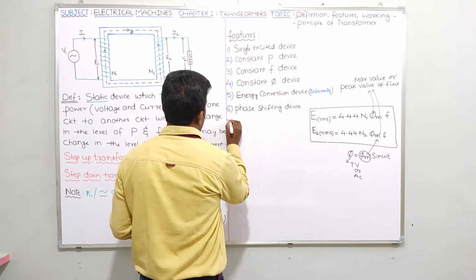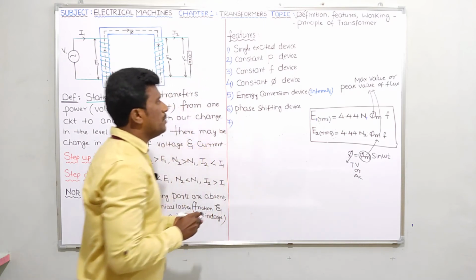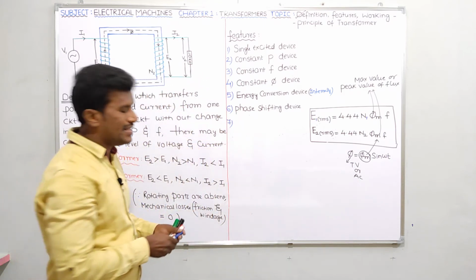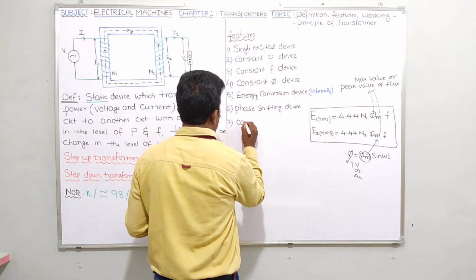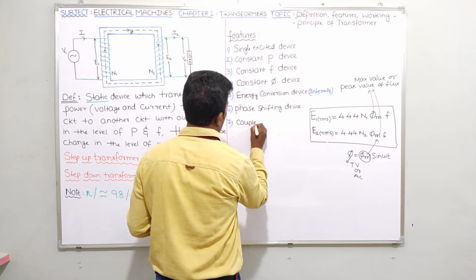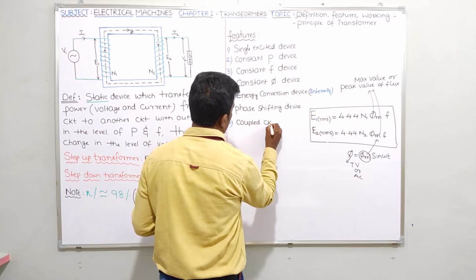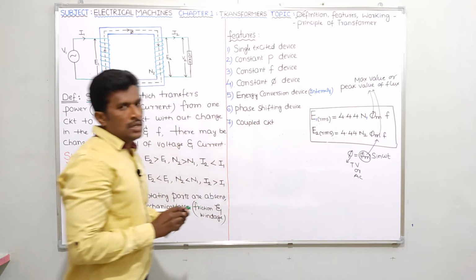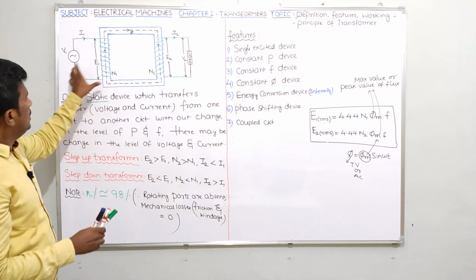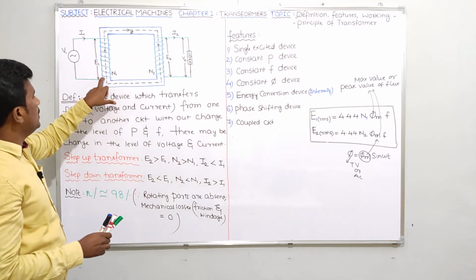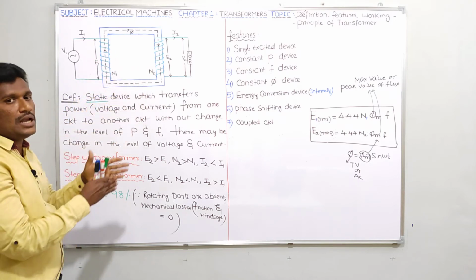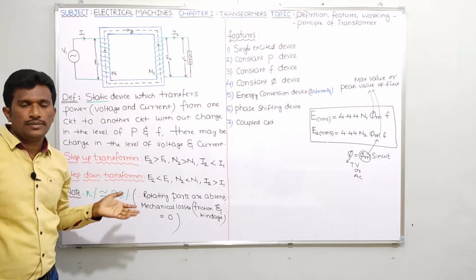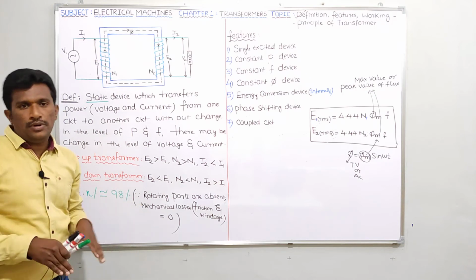Next point, can I call transformer as coupled circuit? Yes, obviously. What is the reason? See guys, in this two winding transformer, the primary winding and secondary winding are electrically isolated, but magnetically coupled.